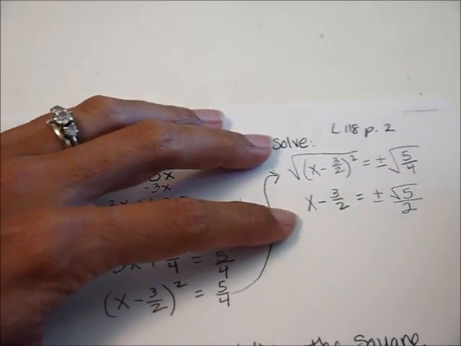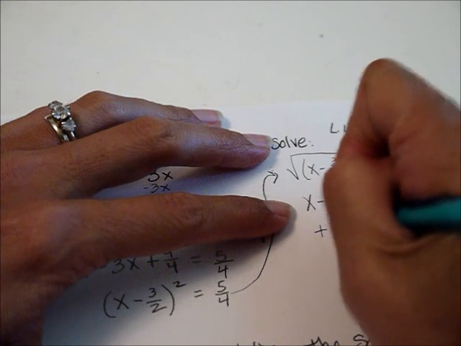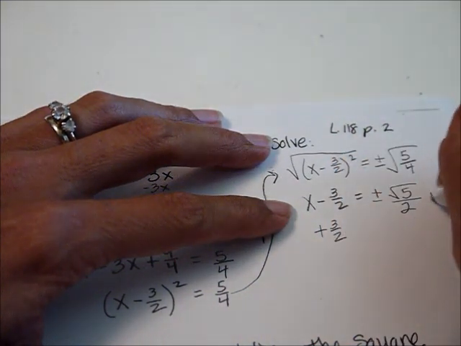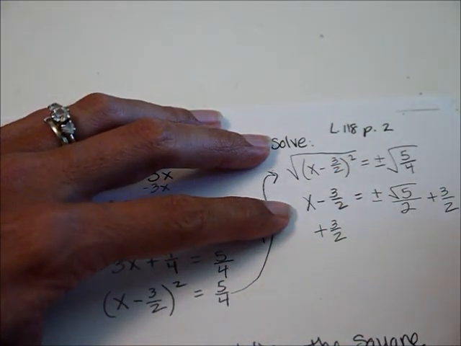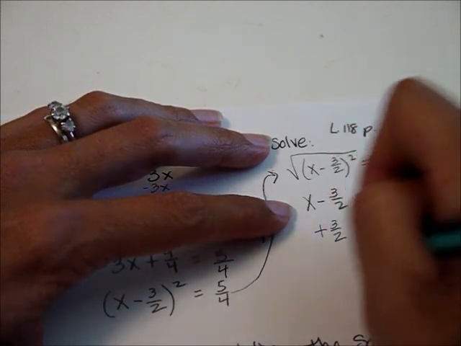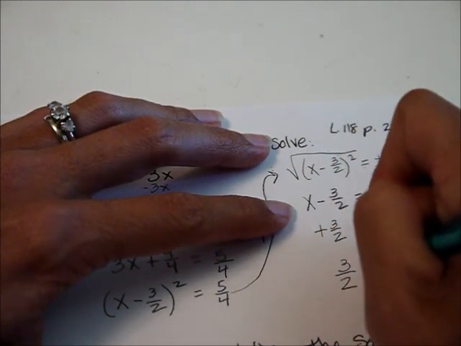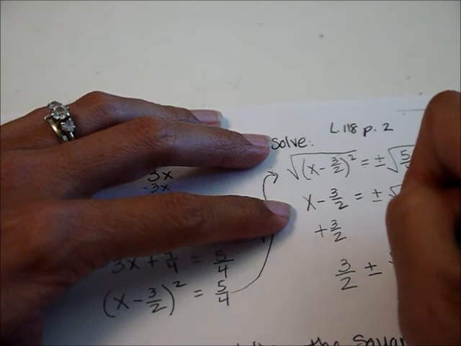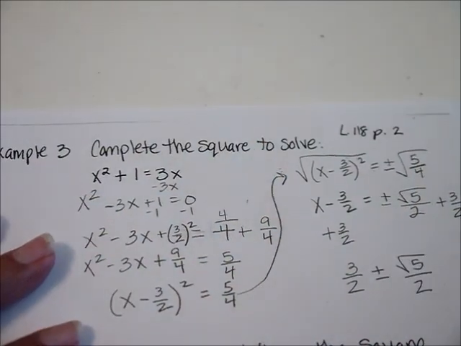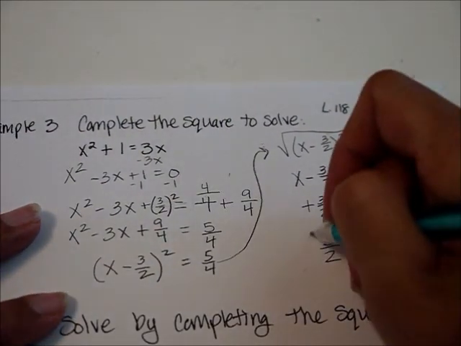So I'm going to add that 3/2 to both sides. And so your final answer is 3/2 plus or minus square root of 5 over 2.